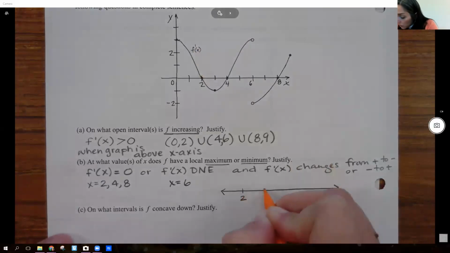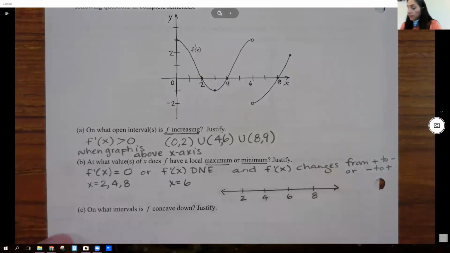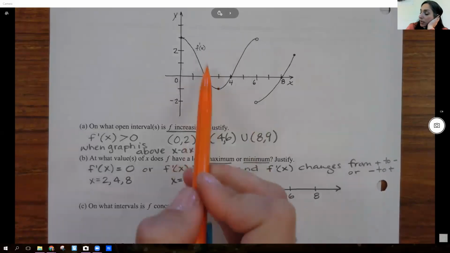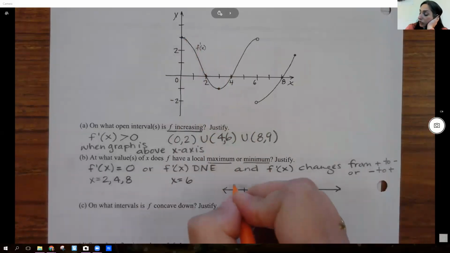And let's put these all on the number line. So 2, 4, 6, 8, okay? So now, instead of looking at the slope, you're looking at the actual y values because our graph is a derivative graph, okay? So to the left of 2 would be over here. Your slopes are positive.